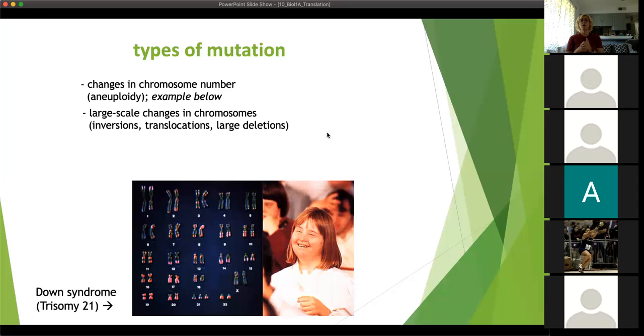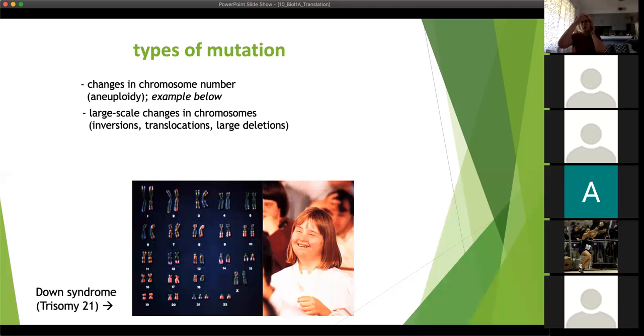We can also have what we call large scale changes in chromosomes. So pieces of chromosomes that go missing, or pieces of chromosomes that get flipped around or get moved from one to another chromosome. This generally happens when we have errors in meiosis. And when we talk about meiosis, we'll see how that can happen. Again, we don't tend to tolerate these types of issues very well.